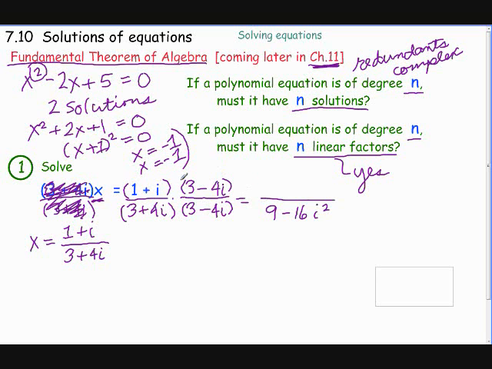Then up here I do have to FOIL the whole thing. I have to do inside and outside. For my first I get a 3. And then for my outside I get a negative 4i. For my inside I get a positive 3i.